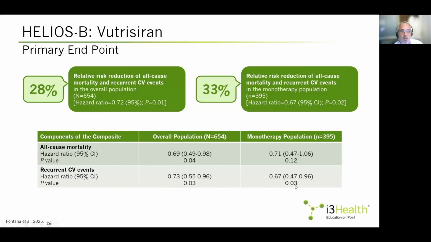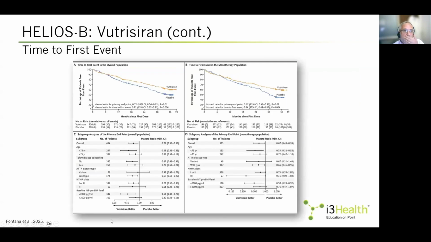And you can see in the overall and monotherapy population, robust reductions in hard endpoints, including recurrent CV events and all-cause mortality. These are the Kaplan-Meier curves from the trial that I mentioned, looking at the overall and monotherapy population and the time to events, and the lack of heterogeneity across many pre-specified endpoints, showing that essentially vutrisiran was better than placebo.